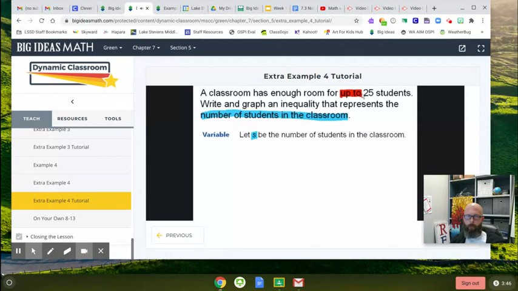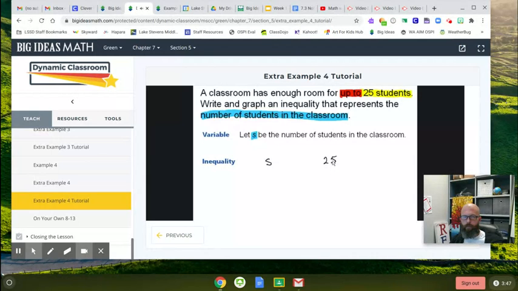Now we are ready to write an inequality. We have the number of students in the classroom and 25. First, let's determine if S is less than or greater than 25. The phrase up to means that there can be no more than 25 students in the classroom. So S is less than 25.